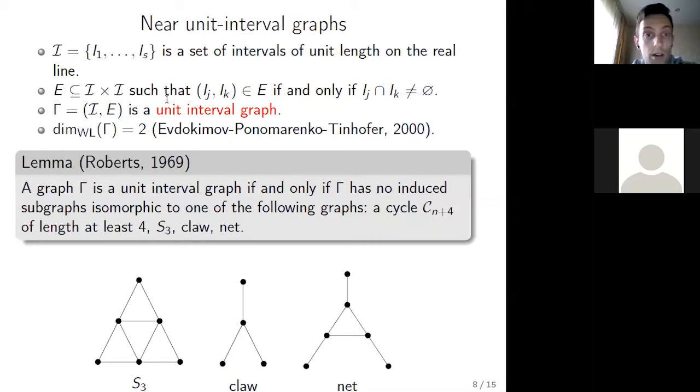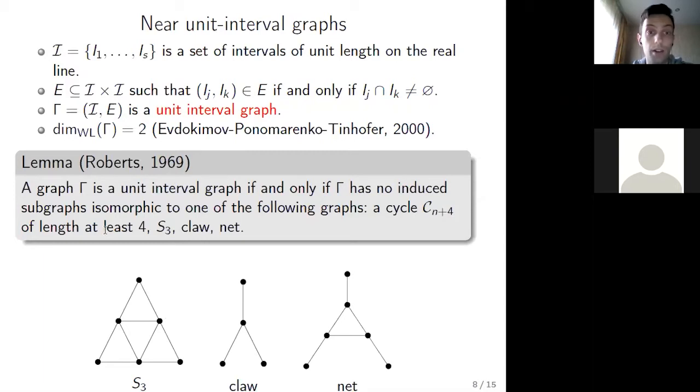It is a well-known fact that unit interval graphs can be characterized by forbidden subgraphs. As I checked, this was first done by Roberts in 1969.